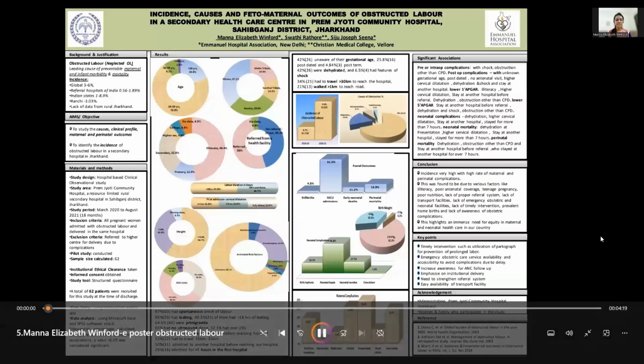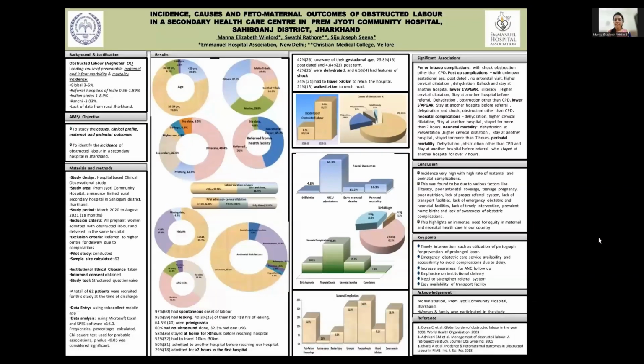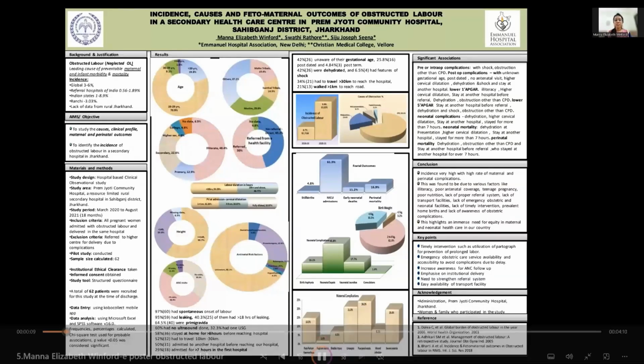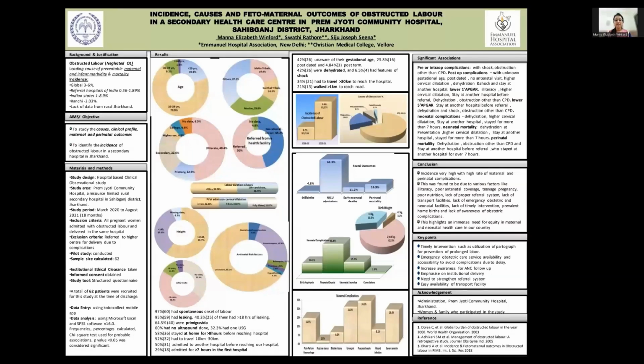Good morning. I am Manna Elizabeth Winford, and I'd like to present my research on incidence, causes, and feto-maternal outcomes of obstructed labor in a secondary healthcare center, Prem Jyoti Community Hospital, Sahibganj district, Jharkhand. As we all know, obstructed labor or neglected obstetric labor is the leading cause of preventable maternal and infant morbidity and mortality, especially in a developing country like ours.